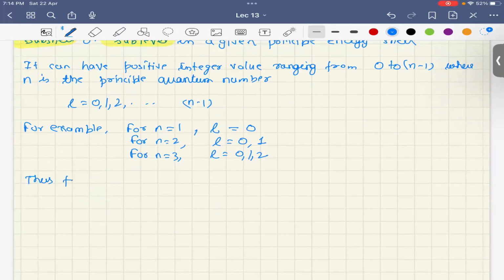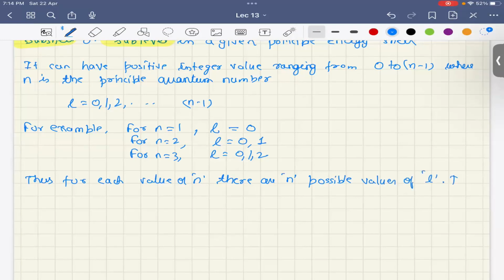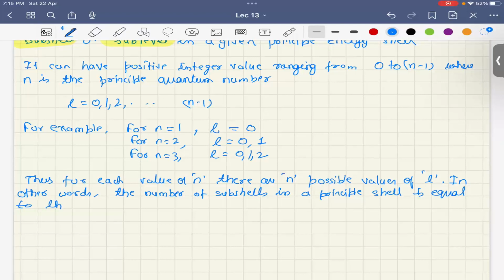Thus, for each value of n, there are n possible values of L. So in other words, the number of subshells in a principal shell is equal to the value of n, right?